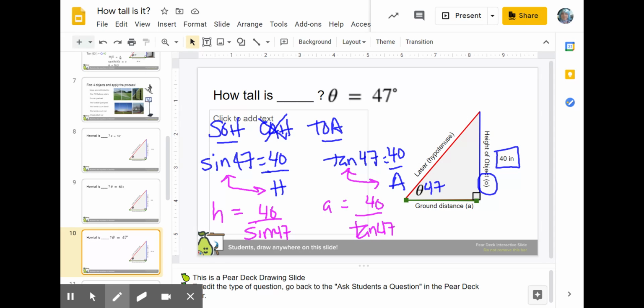And you just want to put it in the calculator exactly the way you see it. So you want to do 40 divided by sine 47 and 40 divided by tangent 47. Make sure your calculator is in degree mode. That's super important.